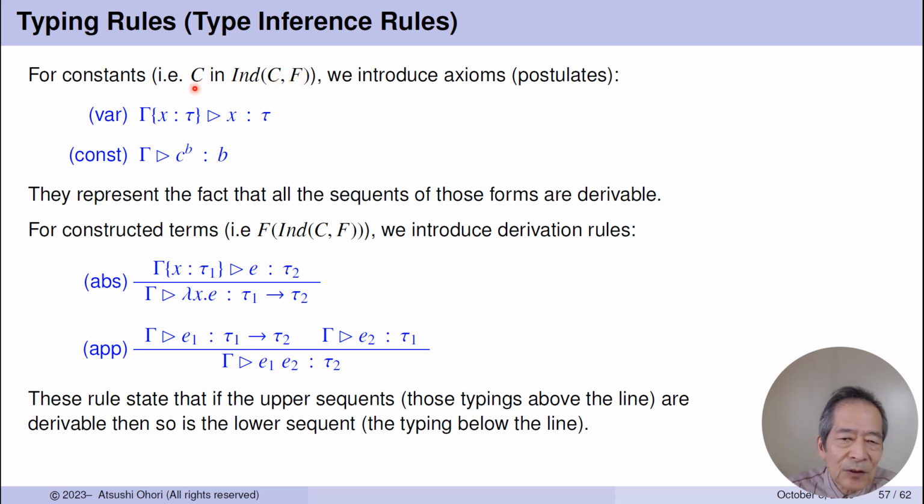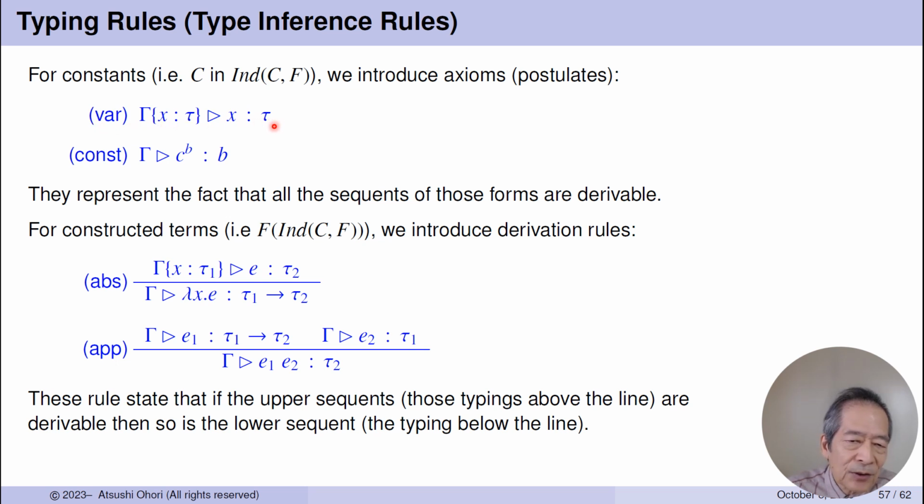So the difference is obvious, right? This and this are members of this C, and for each one, x and this constant c_B, we introduce a rule as an axiom. We give a name to this rule, var, and write down a template of a valid derivable typing.